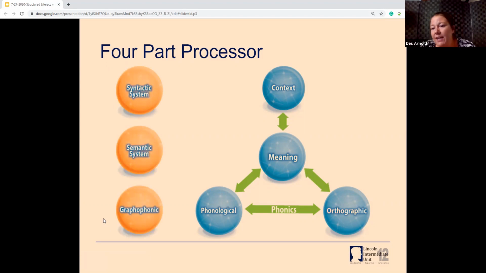So we talked about our 3 cueing system, our MSV analysis on our running records. Did they make an error that was related to meaning, or was it semantic, or was it visual? Which cue are they missing, right?